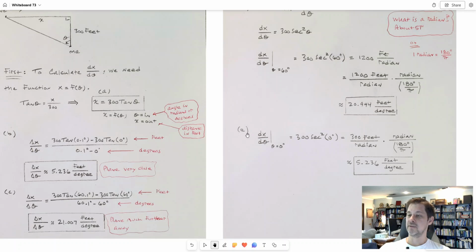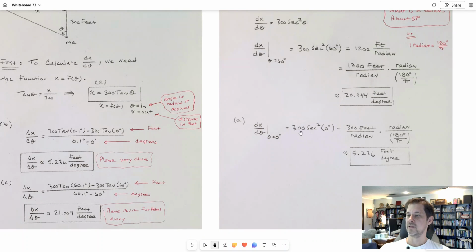Let's see how dx over d theta when theta is 0 compares to this number. I do the same calculation, 300 secant squared 0 degrees. I'm going to get a number in feet per radian. I get that even if I do this in degrees. If I put that degree angle there and do secant squared with my calculator in degrees, it's going to give me 300.